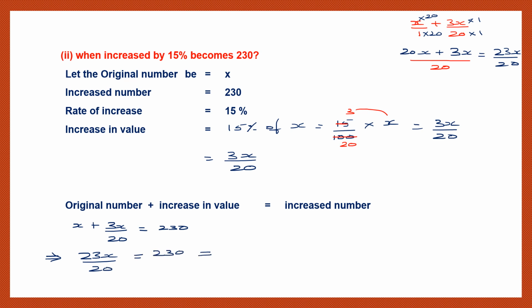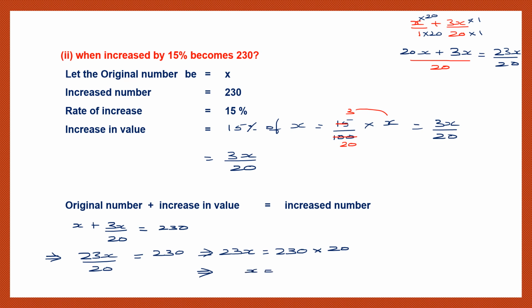So now we're going to find the value of 23x. So leave 23x as it is on the left hand side. On the right, write 230. Now let's move 20, which is division here, from the left side to the right side. So it becomes multiplication. So let's write into 20. Now we're going to find the value of x alone.